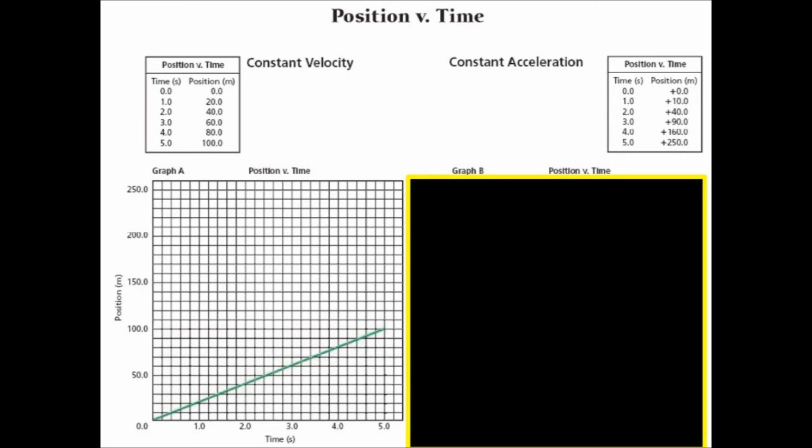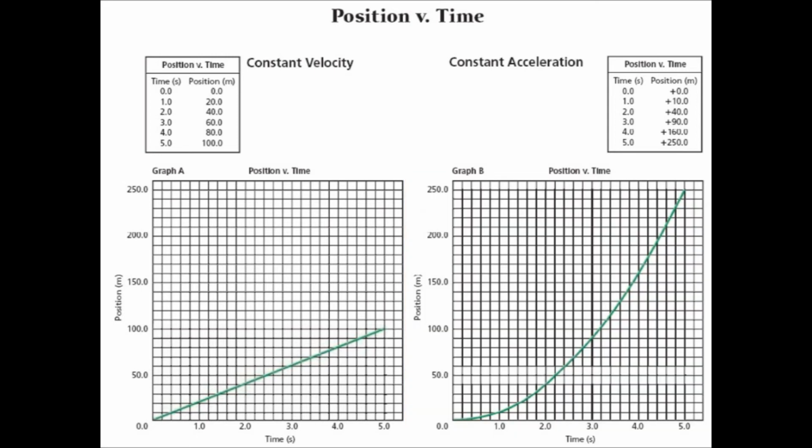In the next set of data, we have a position versus time graph again, but with constant acceleration, meaning the position is changing in a different way. Remember, we saw on one of the last slides that when the change in position relative to time is parabolic, that means that acceleration is occurring.